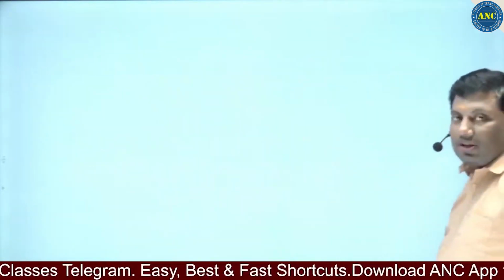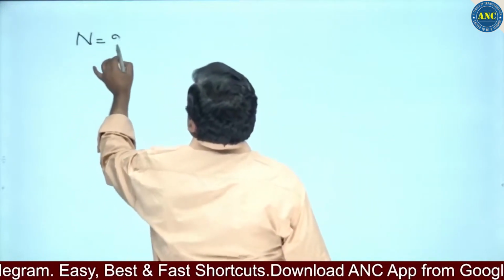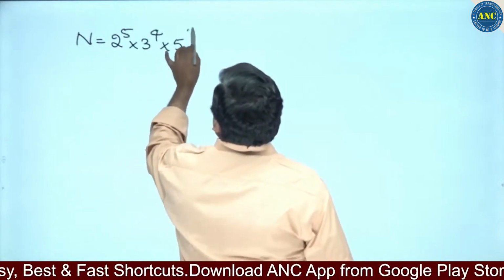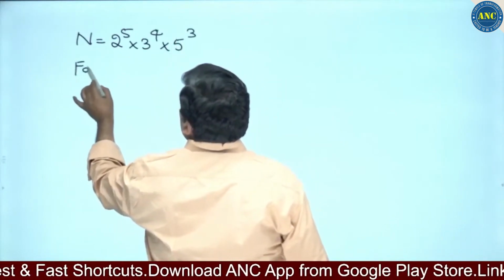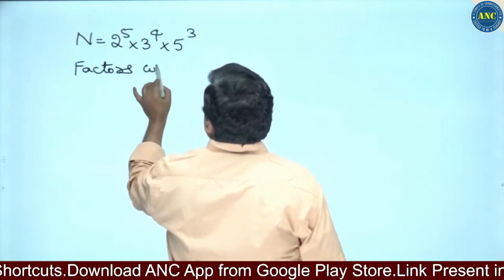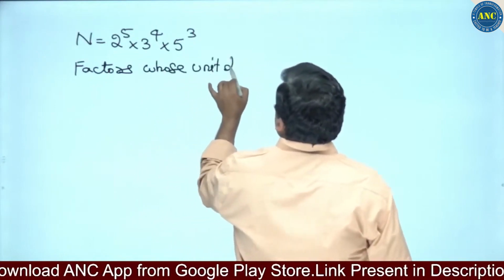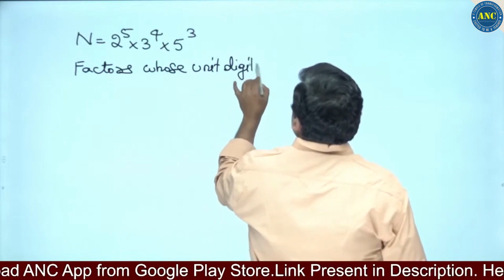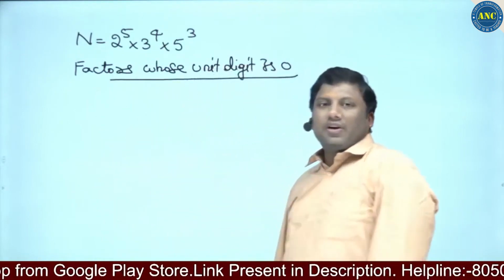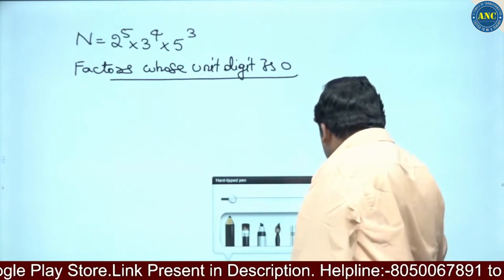Now, see here, the question is n is equivalent to 2 power 5 into 3 power 4 into 5 power 3. Factors whose unit digit is 0.